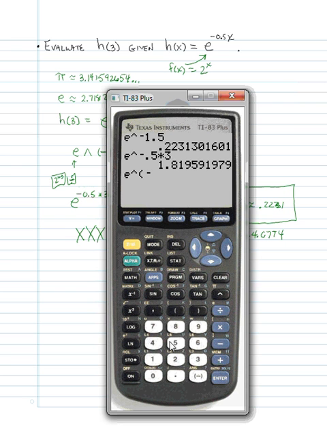So it's a negative 0.5 times a 3, and then we close our parentheses. That calculation between the parentheses ends up being the exponent that we're using. When we press enter here, you notice that's exactly what we had above. So apparently my earlier calculation was wrong. I don't know what I did. But anyway, that just shows you the use of the calculator one more time.